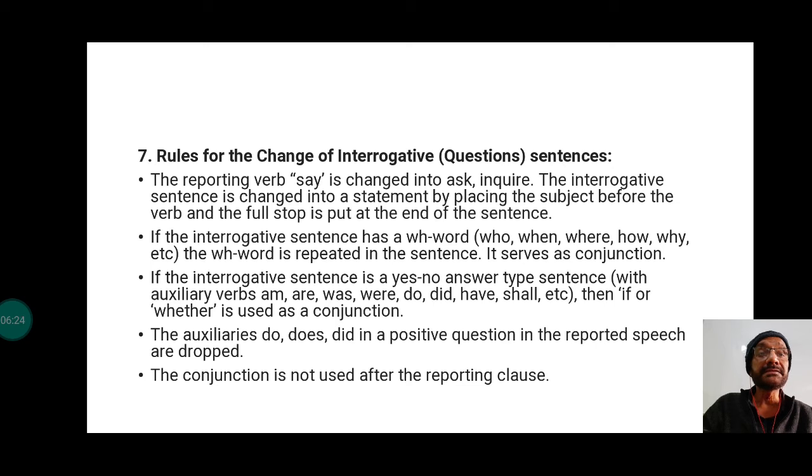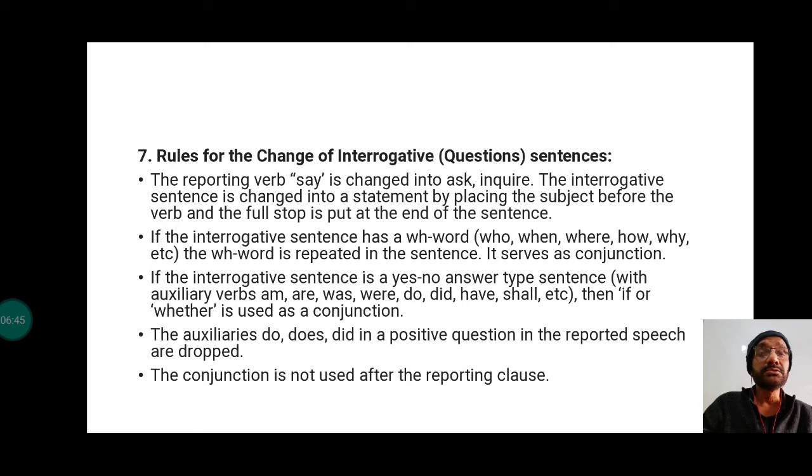In interrogative sentences that begin with am, are, was, were, do, did, have, shall, if it's a yes-no question, basically, if the answer could be yes or no, then "if" and "whether" are used as a conjunction.